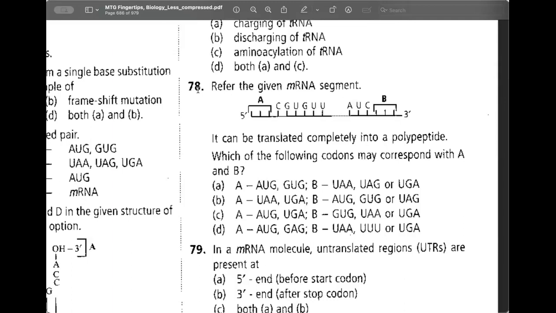Refer the given mRNA segment. It can be translated completely into a polypeptide. Which of the following codons may correspond with A and B?